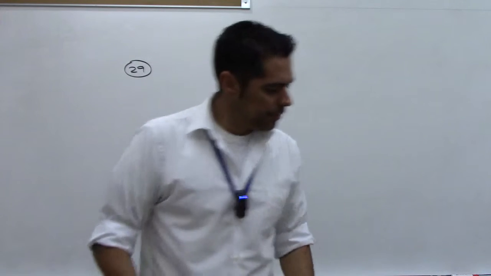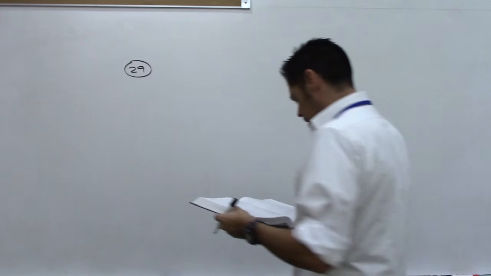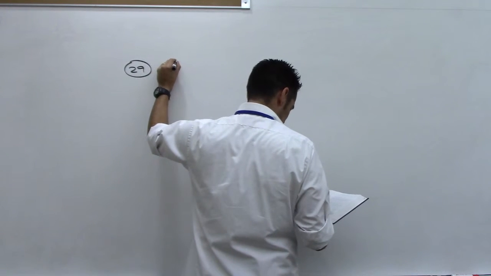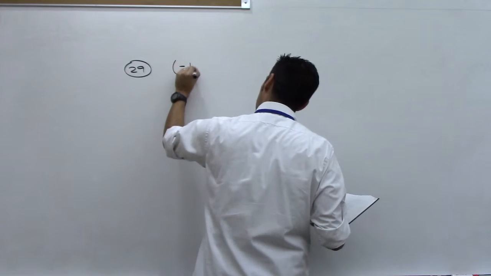29. So we're still finding the equation of plane that passes through a point. So hey, man, they just keep on giving us these points, making our lives so nice.